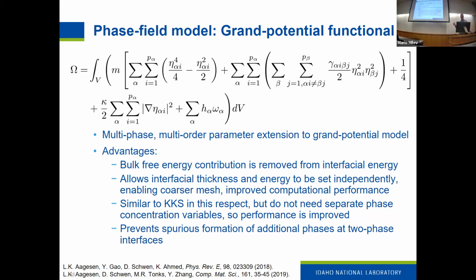That allows us to use a coarser mesh, which gives us improved computational performance. It's similar to a different phase field model known as Kim-Kim-Suzuki, but it's a little more efficient numerically than that. And it also prevents the spurious formation of additional phases at two-phase interfaces, which is something that's plagued a lot of multi-phase field models in the past.